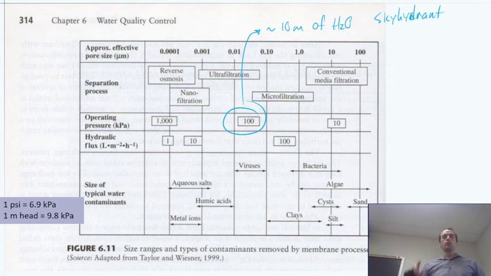Just a manual operation where you can use simply 10 meters worth of gravity, so 35 feet or so of elevation, to do some pretty good quality filtration.